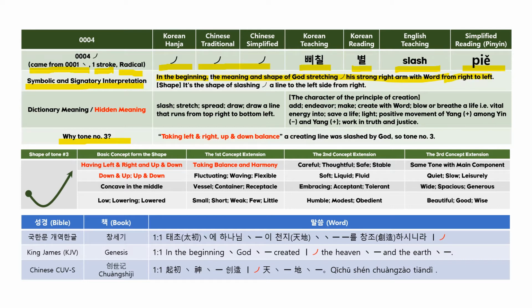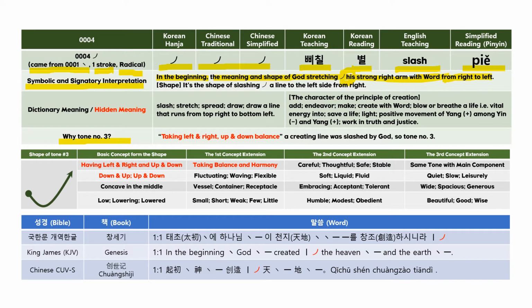Can you imagine? In the beginning, the meaning and shape of God stretching, slash or stroke is strong arm, which means God's word, with word from right to left.